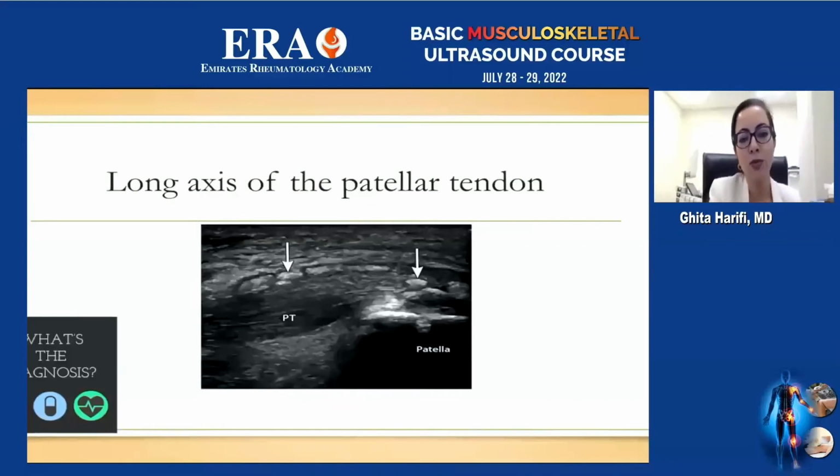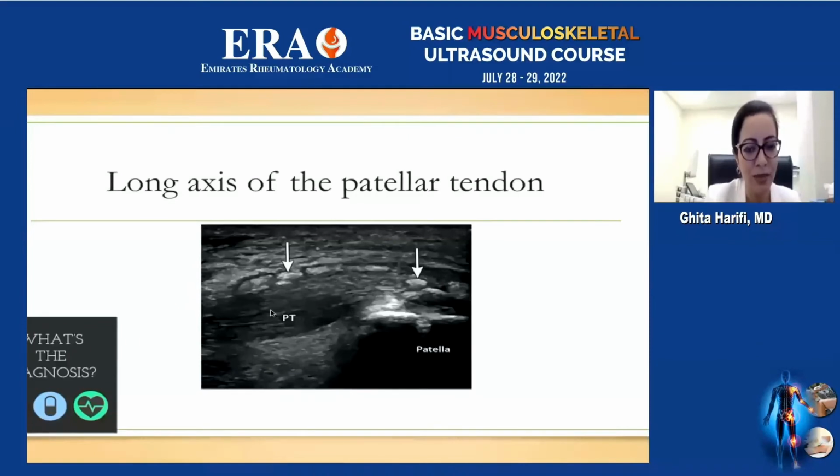Ultrasound can also be very helpful in the diagnosis of metabolic and crystal-induced diseases, and I think you would easily agree that what you're seeing here is very suggestive of gout. These are multiple examples of gouty involvement of the patellar tendon demonstrated in the long axis of the knee.